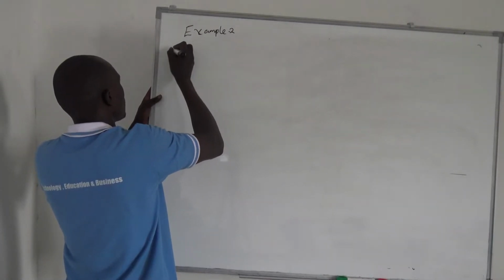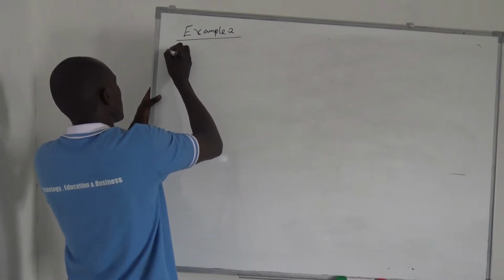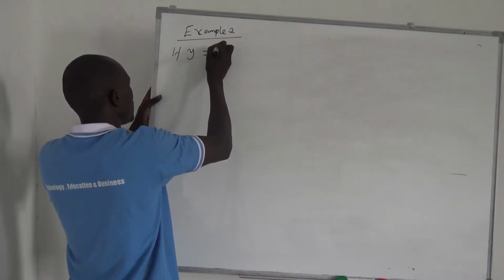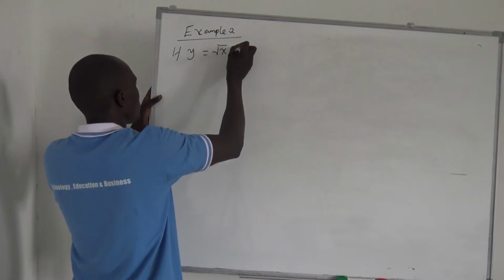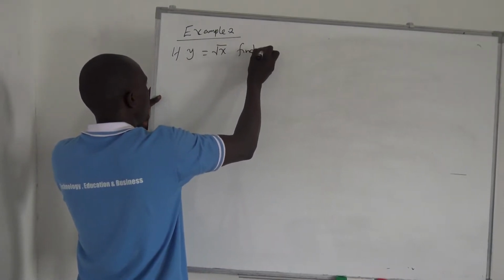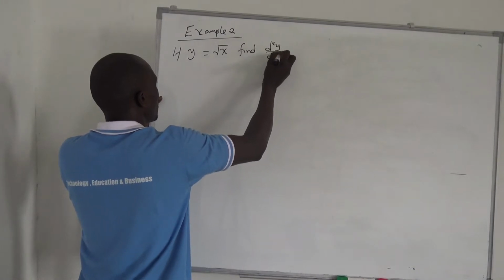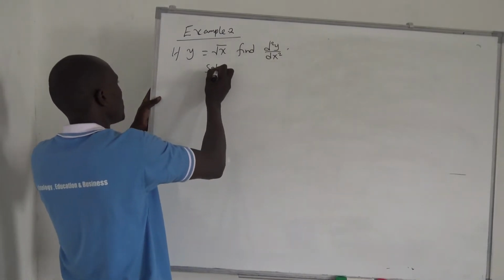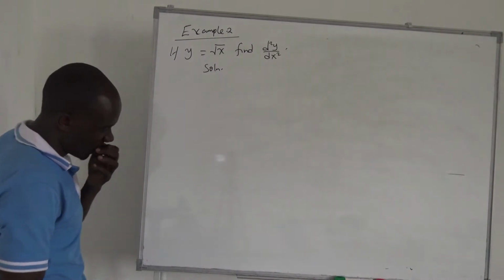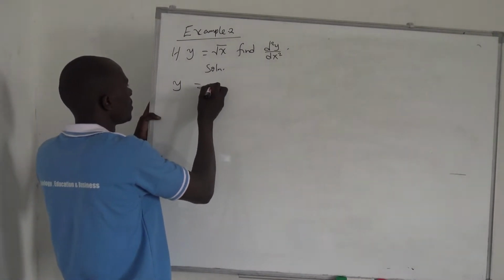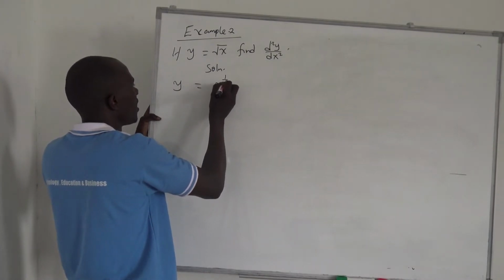Example 2. If y equals root x, find d²y/dx². We are given y equals root x, which is the same as x power half.